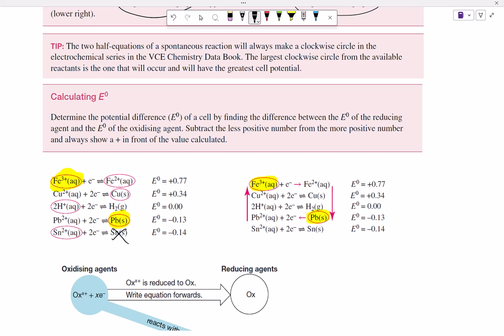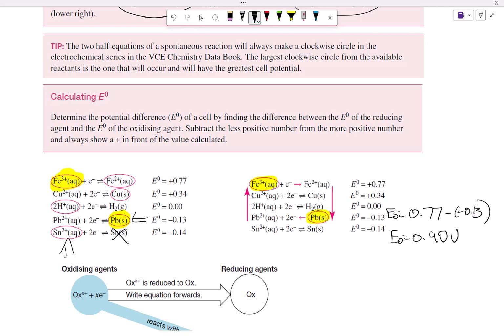So I have to pick that one there. And that's where you would go, for example, 0.77 minus 0.13. Okay, and that would give you 0.9 volts as an EO. That's how you'd calculate it.